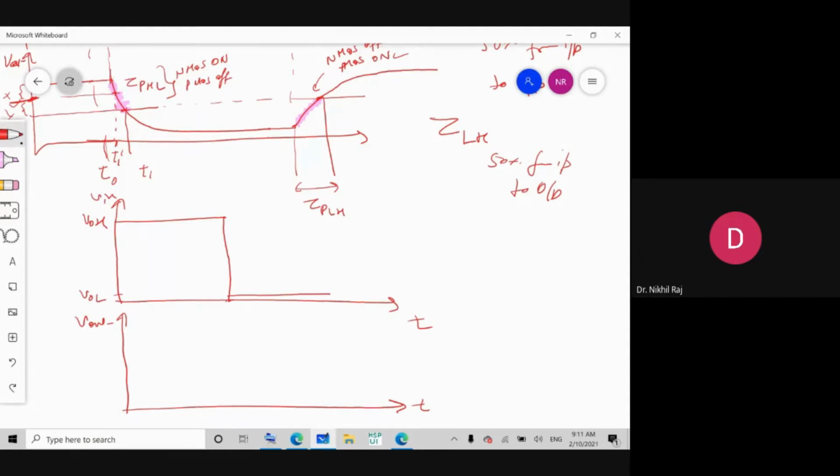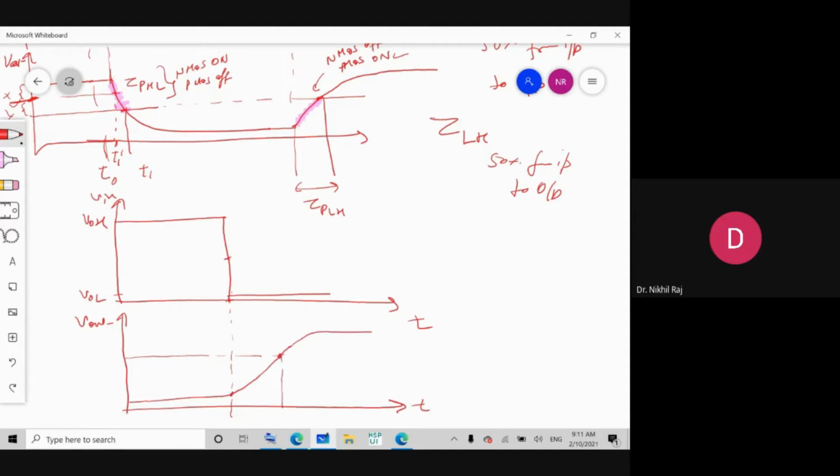Now 50% of the input means this line only. From here the output will start and go like this. Somewhere here is 50%. So this is the region we have to see.